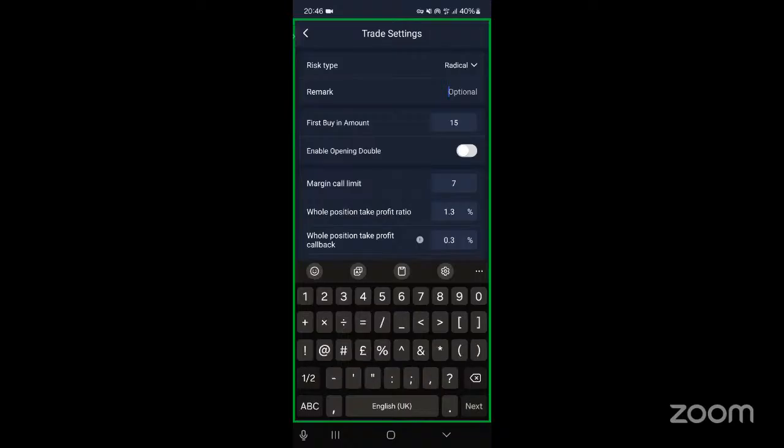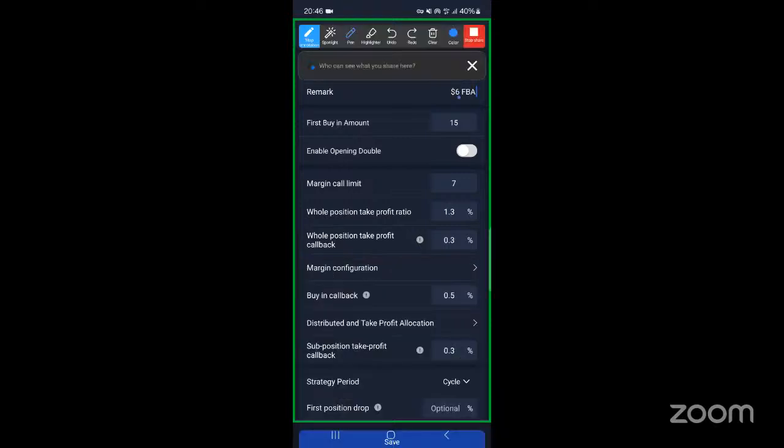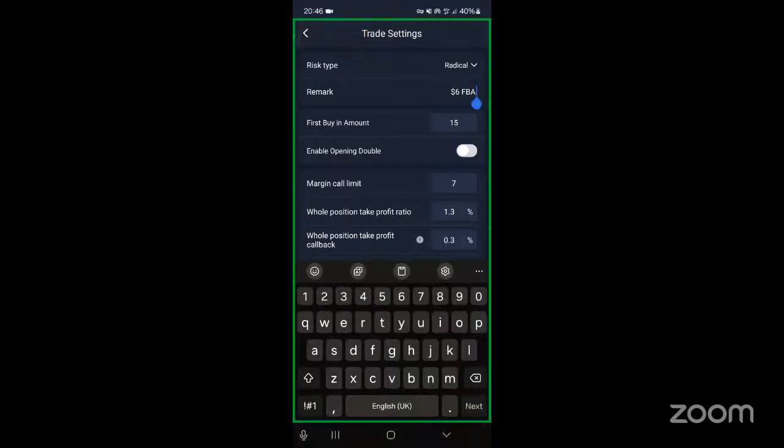You write $6 FBA. FBA stands for first buy in amount. It means whenever I want to trade with first buy in amount of $6, you will be using that strategy. Okay. No, let me start with 7. I will make my work easy. 7, first buy in amount.